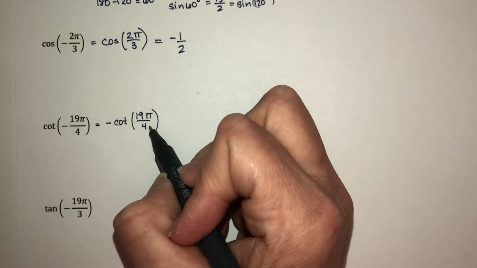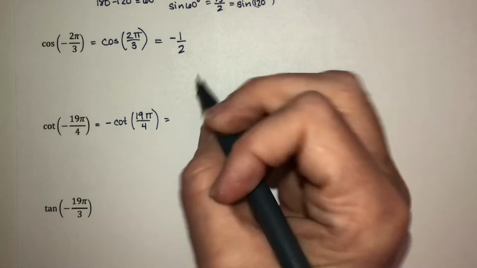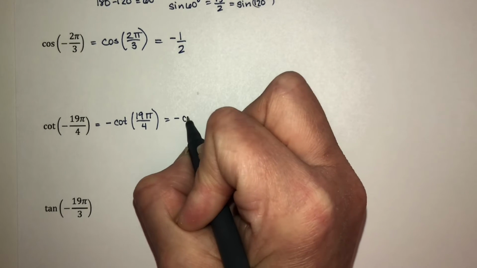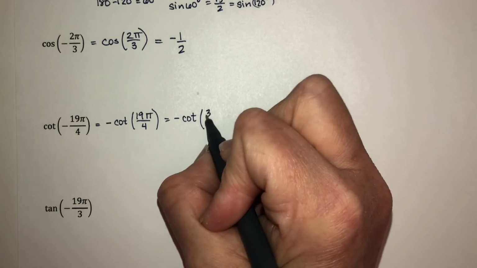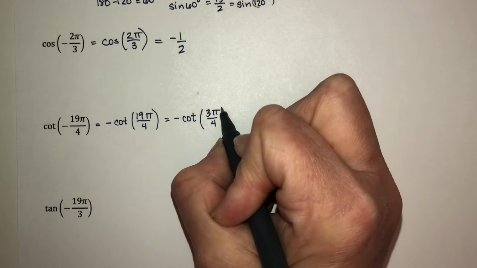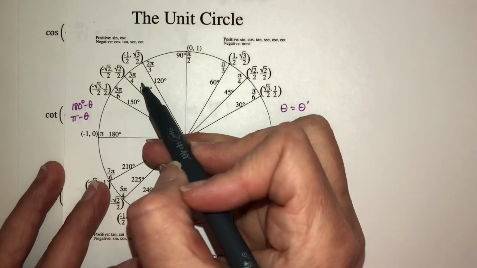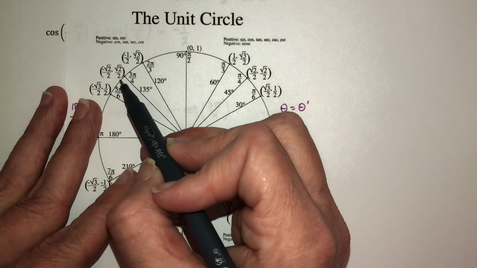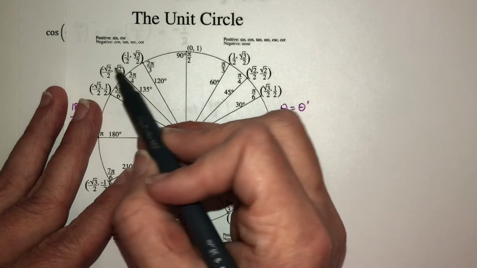So to find a coterminal angle, I'm going to subtract 2 pi over and over again until I have a value that is between 0 and 2 pi. This is the same thing as cotangent of 3 pi over 4. Well, at 3 pi over 4, our x value is negative square root 2 over 2, and my y value is positive square root 2 over 2. Cotangent is negative in this because you're going to be dividing them.